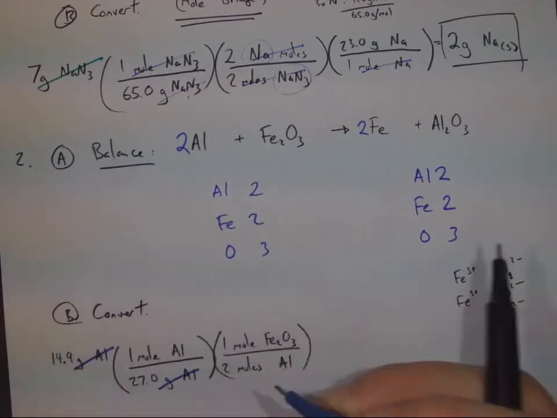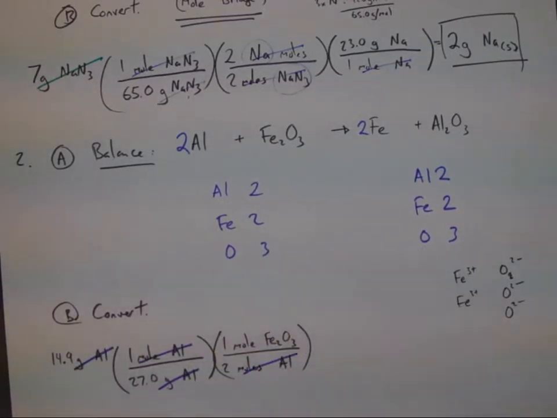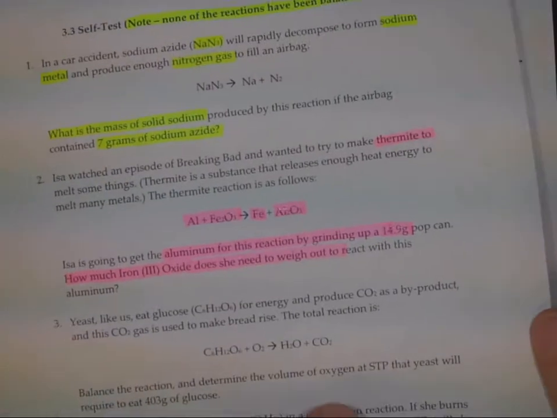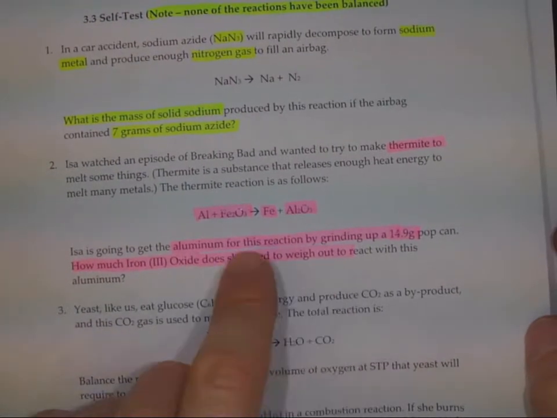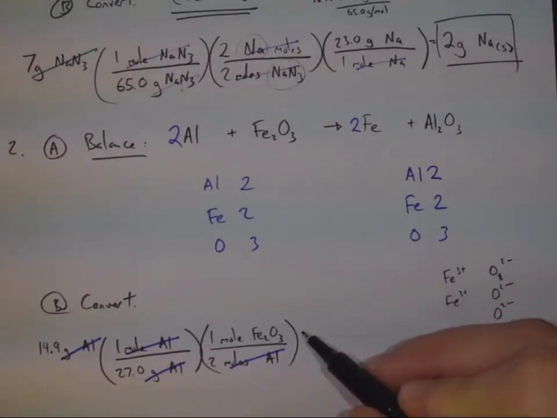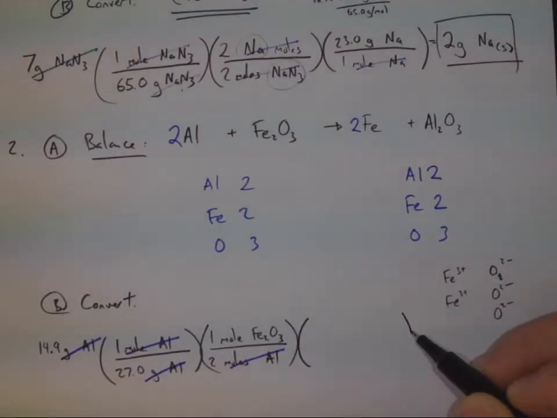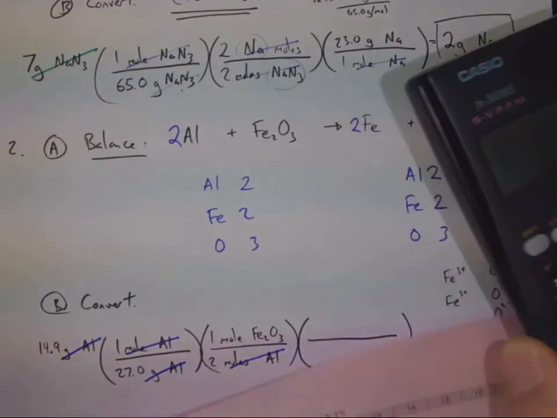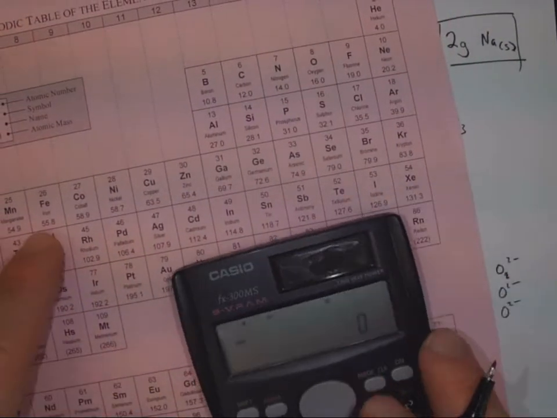All right, so the mass of aluminum and moles of aluminum cancel out, and then lastly we were asked how much she needs to weigh out of the iron 3 oxide. So now we know how many moles of iron 3 oxide we have, and we want to convert that to a mass. To do that we've got to find the molar mass of iron 3 oxide. So what's the molar mass of iron? 55.8.